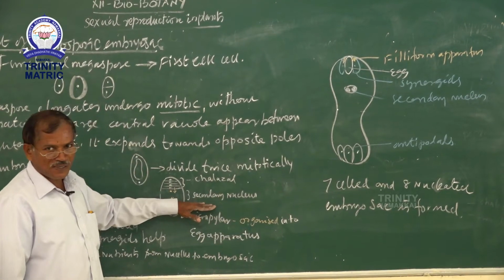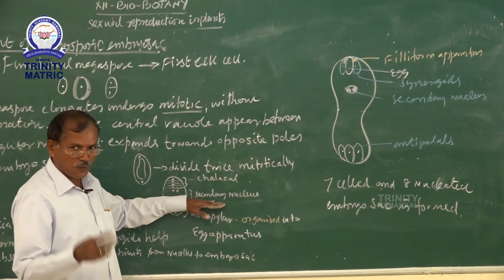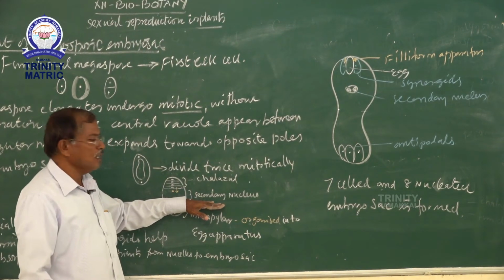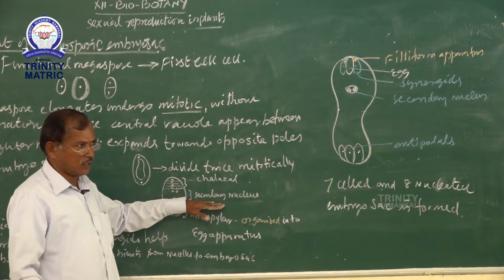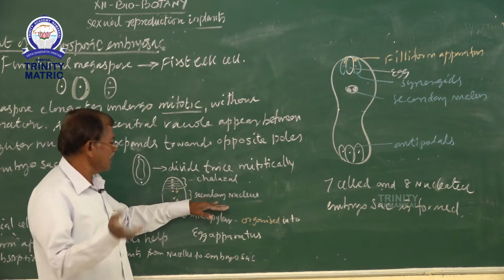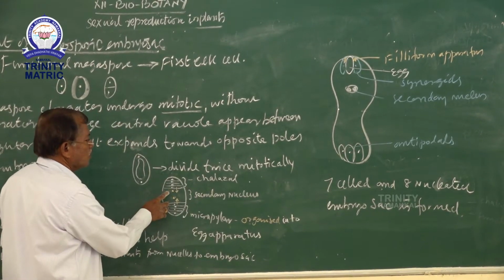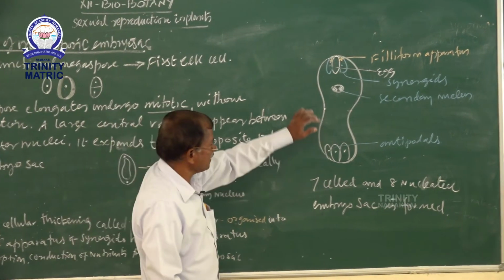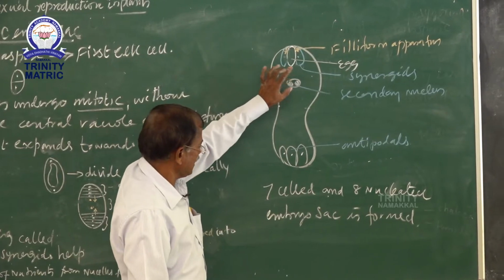As I studied in 10th standard, the secondary nucleus fuses with the male gamete to produce the triploid nucleus for the developing embryo.